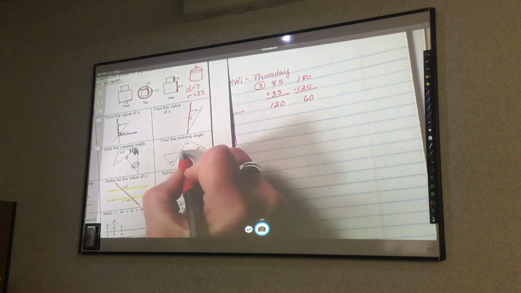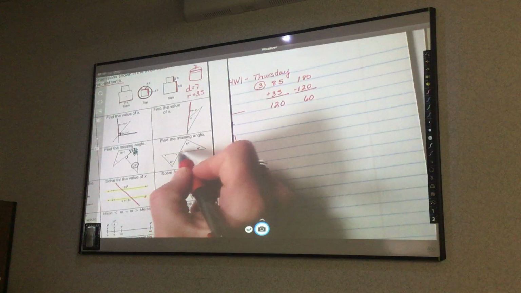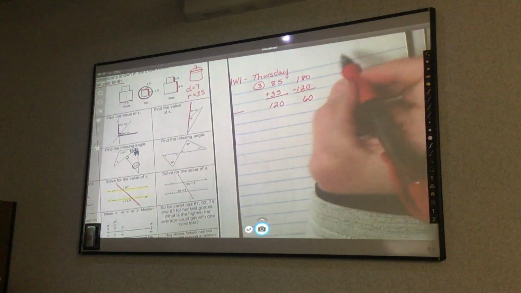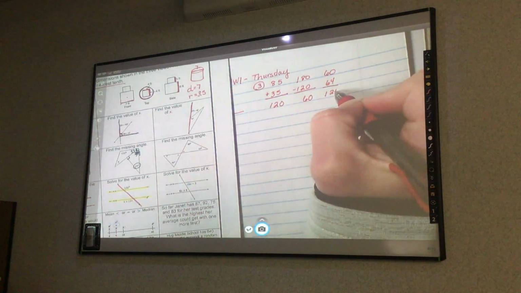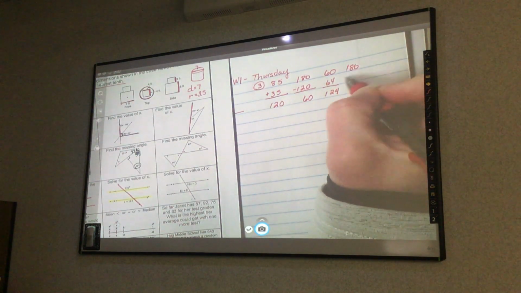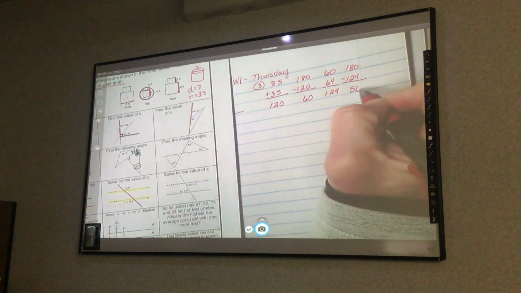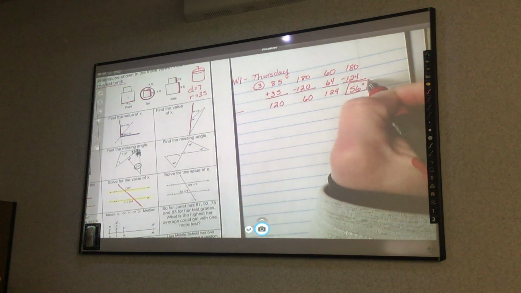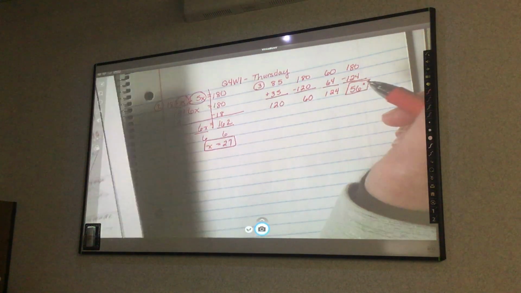So if this is 60, then this one is, what do we call those angles? Okay, so then I have 60 plus 64, 124, and 180 minus 124 is 56. How many of you got 56? Excellent.